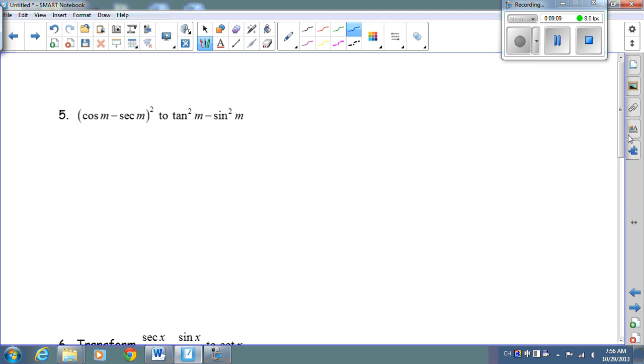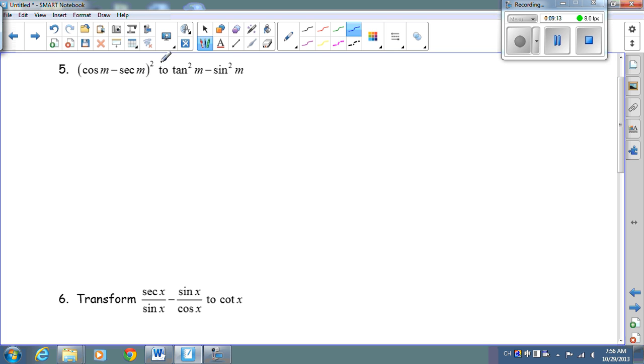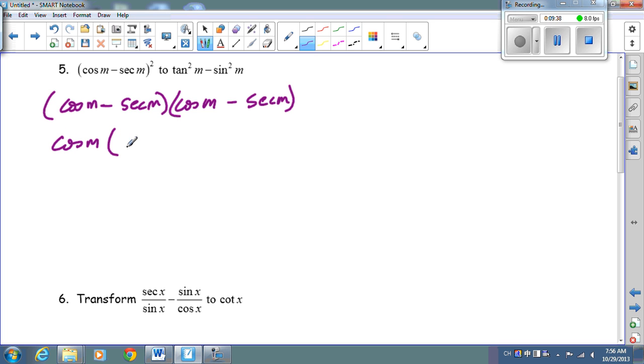Alright, on the last page, I have cosine of m minus secant of m, squared. So I will just use the regular algebra that you know. So cosine of m minus secant of m, and I'm multiplying by another cosine of m minus secant of m. I will show you all the steps here.